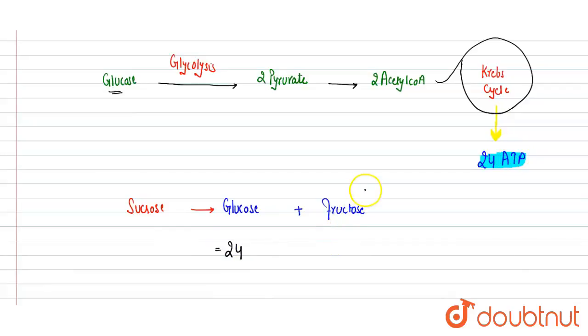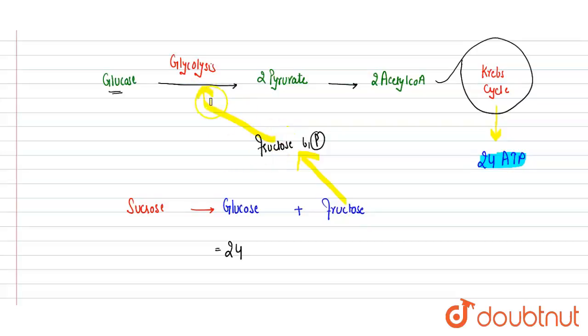Fructose will be converted into fructose 6-phosphate. This fructose 6-phosphate will enter into glycolysis.